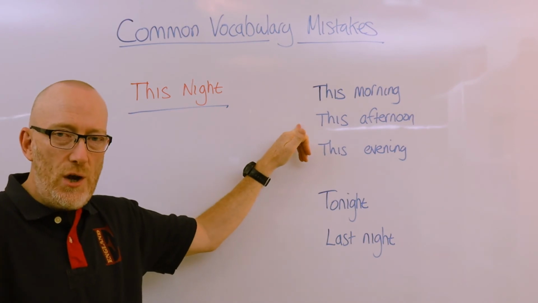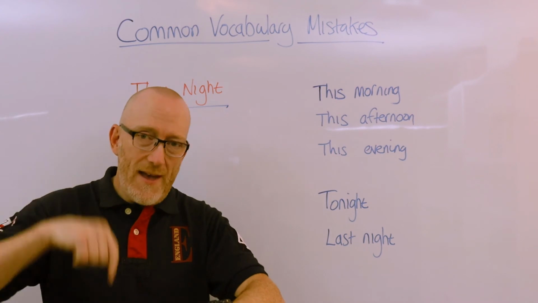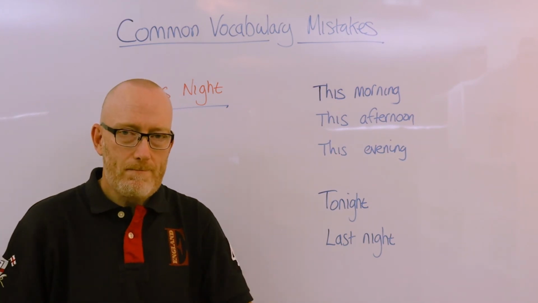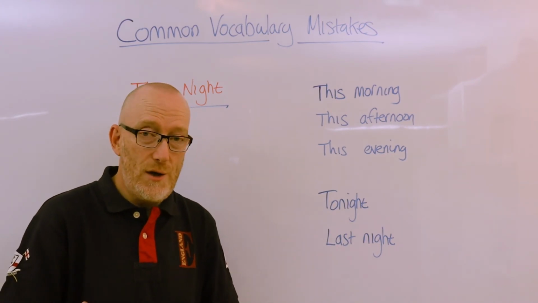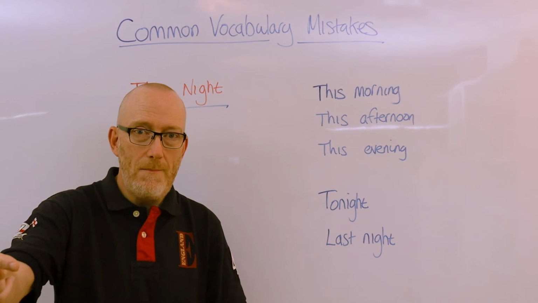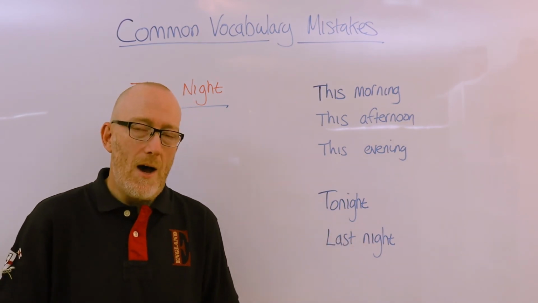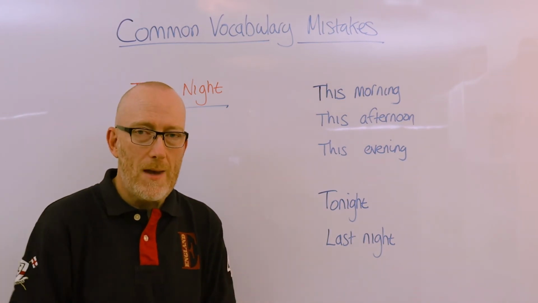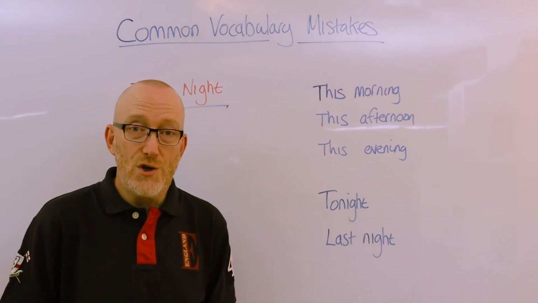Again with this afternoon, if it's now afternoon, this afternoon I am recording a video. I could also use this afternoon to describe the future. So if it was 9 AM in the morning, I might say, this afternoon, I will be recording a video. And I can also use this afternoon to talk about the past.